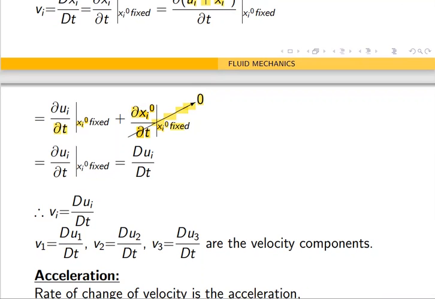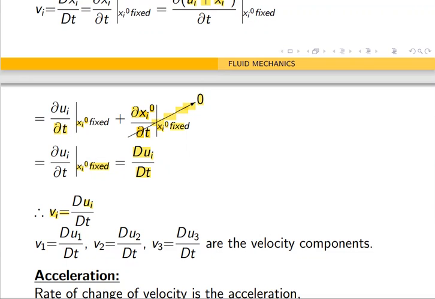So what are we going to get? We are going to get dou ui by dou t. What are fixed? Material coordinates are fixed. So whenever the material coordinates are fixed, this is nothing but the material rate of change, capital D by dt of ui. So what is our LHS? LHS is vi. Vi is also, in terms of displacement, the material time rate of ui, capital D ui by dt.